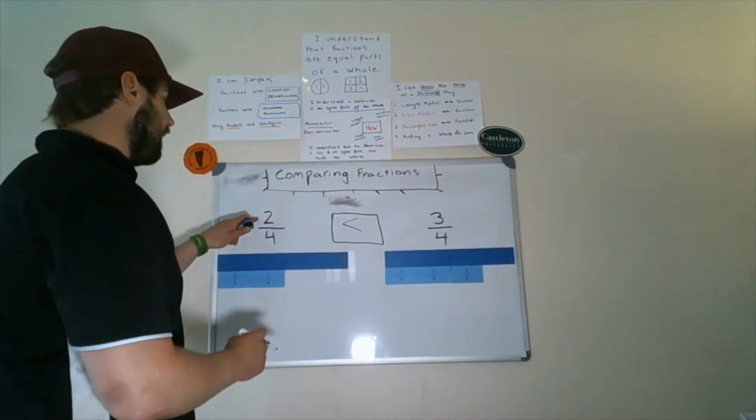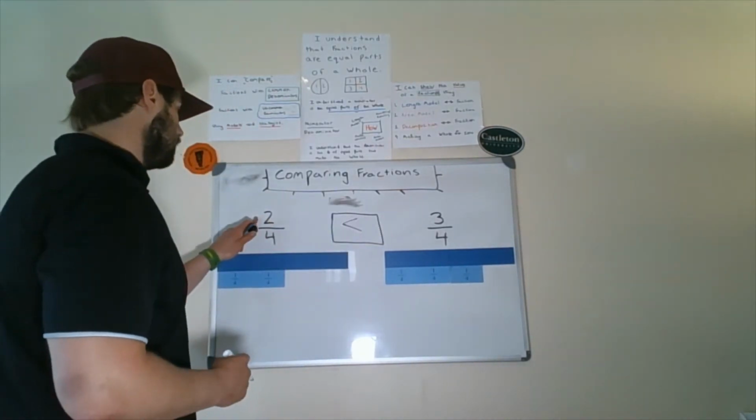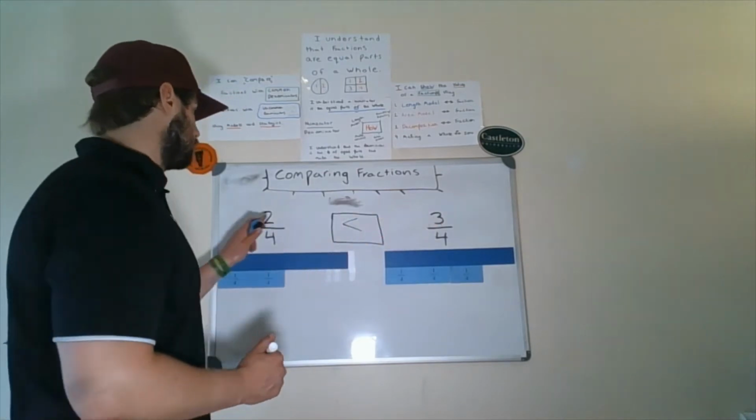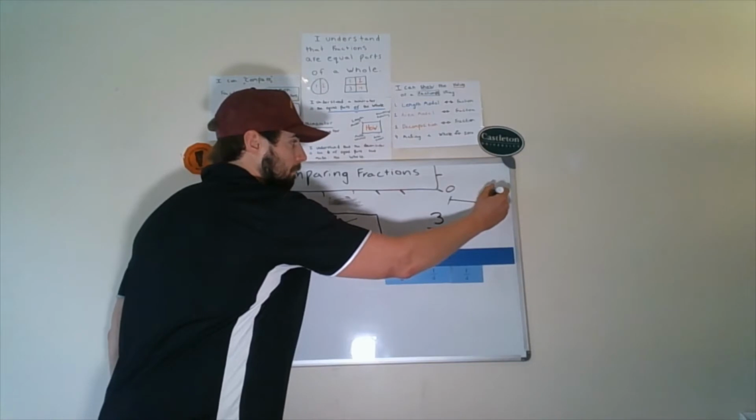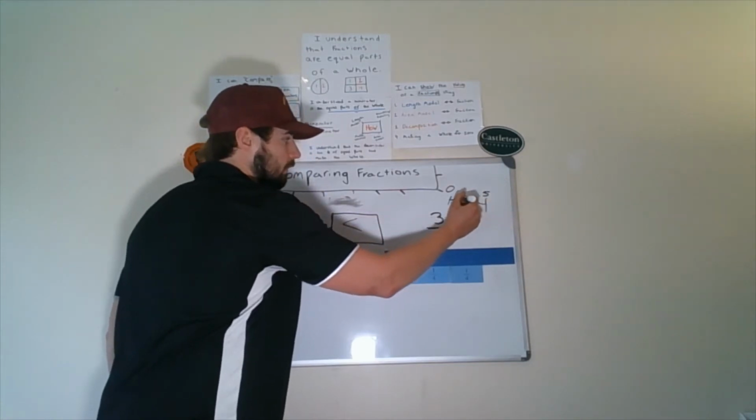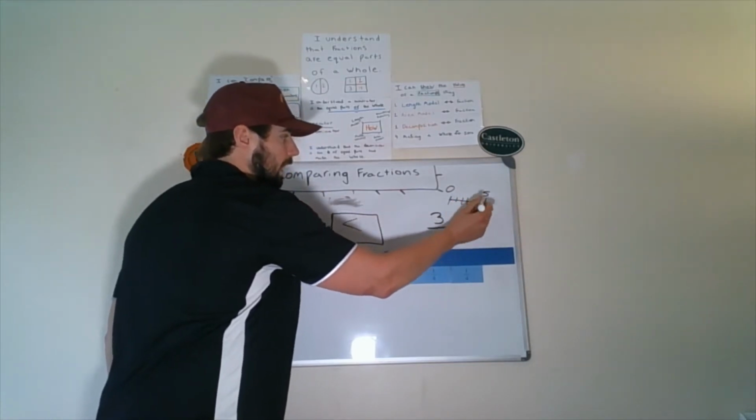Not only can you tell by looking at our numerators that 3 is greater than 2. We know that. If I had both on a number line, here's my 5. 1, 2, 3, 4, 5.